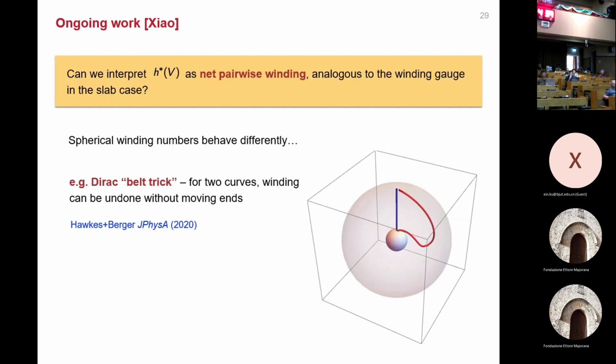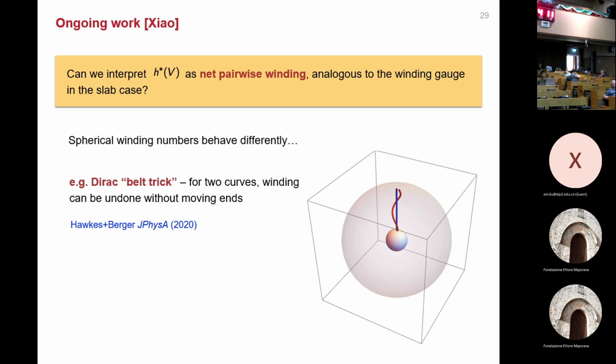So the endpoints are fixed here, but we're doing an isotopy and somehow changing the winding from 0 to 2 pi or something. I don't think this is going to be a problem for the helicity, because for the helicity you've got to average over all of the other curves in the field.